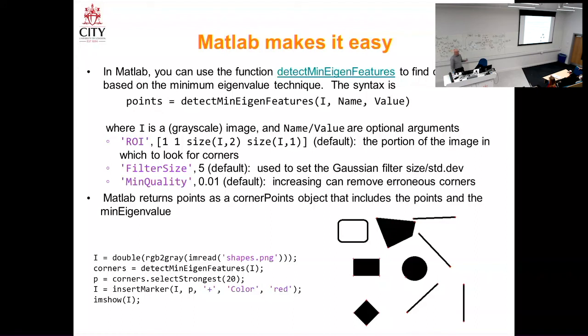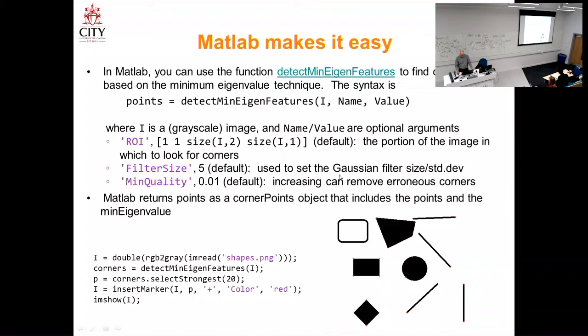So if you want to, you can be like me. You can write your own code to compute eigenvalues. But if you want to take advantage of MATLAB, you can just use this function called detectMinEigenFeatures. This does the heavy lifting for you. You pass in the image, and it's got some optional parameters, and it will give you points in the image that have a strong response based on this eigenanalysis. You can configure the size of the region of interest in order to look for corners.